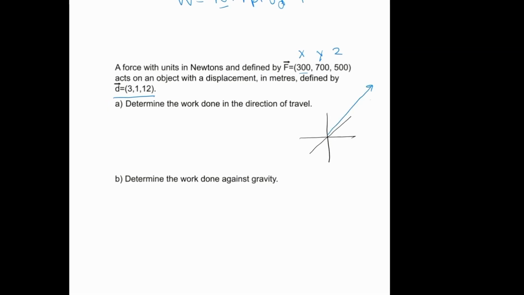So I will have a force vector acting somewhat in that direction. And then over here, I have my displacement vector. If we want to think about what's happening here, we have this projection, the amount that the force is going to project onto this displacement. So we really are looking at the projection. That's what we're looking at.